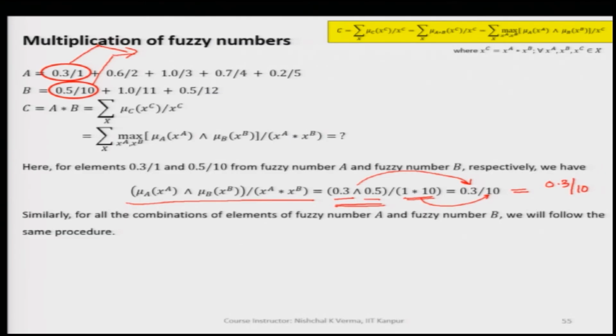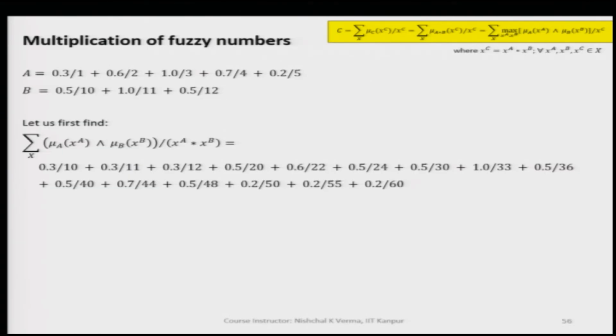Similarly, for all the combinations of elements of fuzzy number a and fuzzy number b, we follow the same procedure, and that is how we get 0.3 oblique 10, 0.3 oblique 11, 0.3 oblique 12, 0.5 oblique 20, 0.6 oblique 22, 0.5 oblique 24, 0.5 oblique 30, 1.0 oblique 33, 0.5 oblique 36, 0.5 oblique 40, 0.7 oblique 44, 0.5 oblique 48, 0.2 oblique 50, 0.2 oblique 55, 0.2 oblique 60.